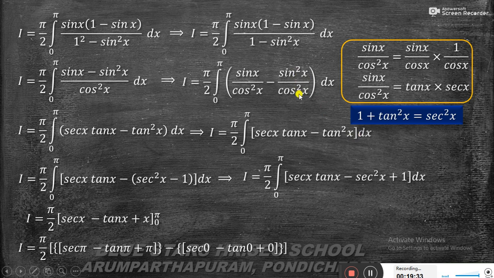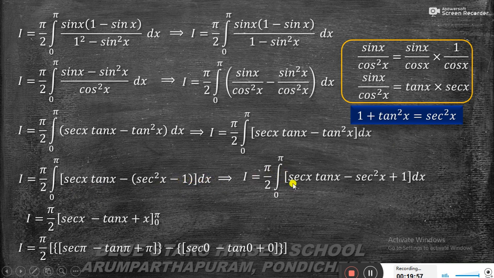Since 1 plus tan square x equals secant square x, instead of tan square x I write secant square x minus 1. So pi by 2 times the integral from 0 to pi of secant x tan x minus secant square x minus 1 dx.